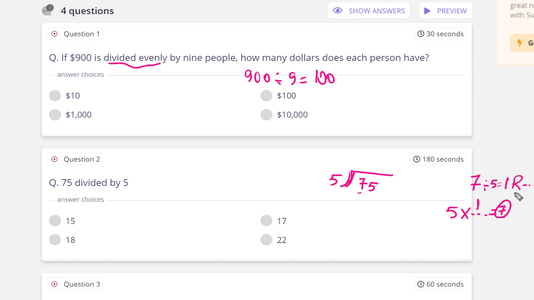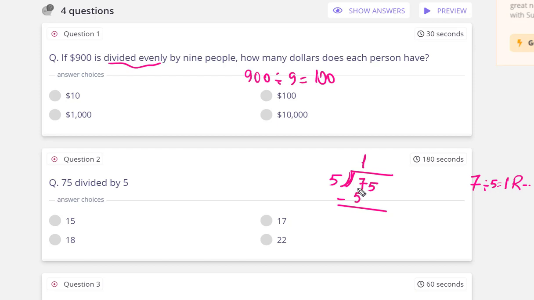And we have a remainder, of course. I don't care about the remainder right now. So the 1 is the quotient. Now, 1 times 5 equals 5.